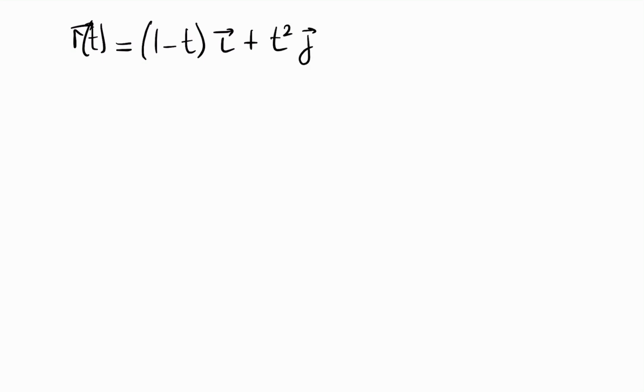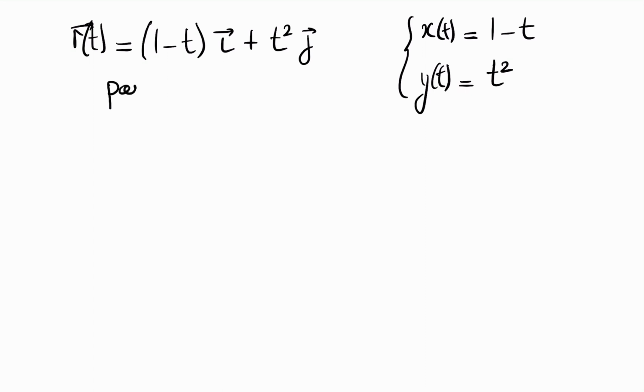So that means that in that case, x of t, the x coordinate, is 1 minus t, and y of t is just t square. Okay, so this is a parametric equation of the movement.